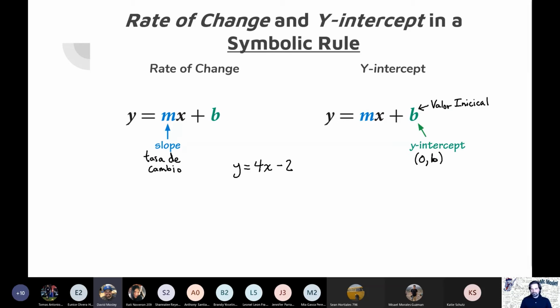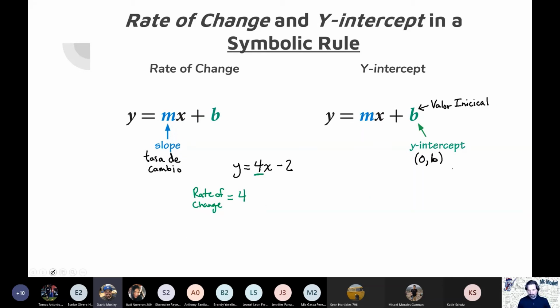We have the rate of change, all right? Four. Okay.